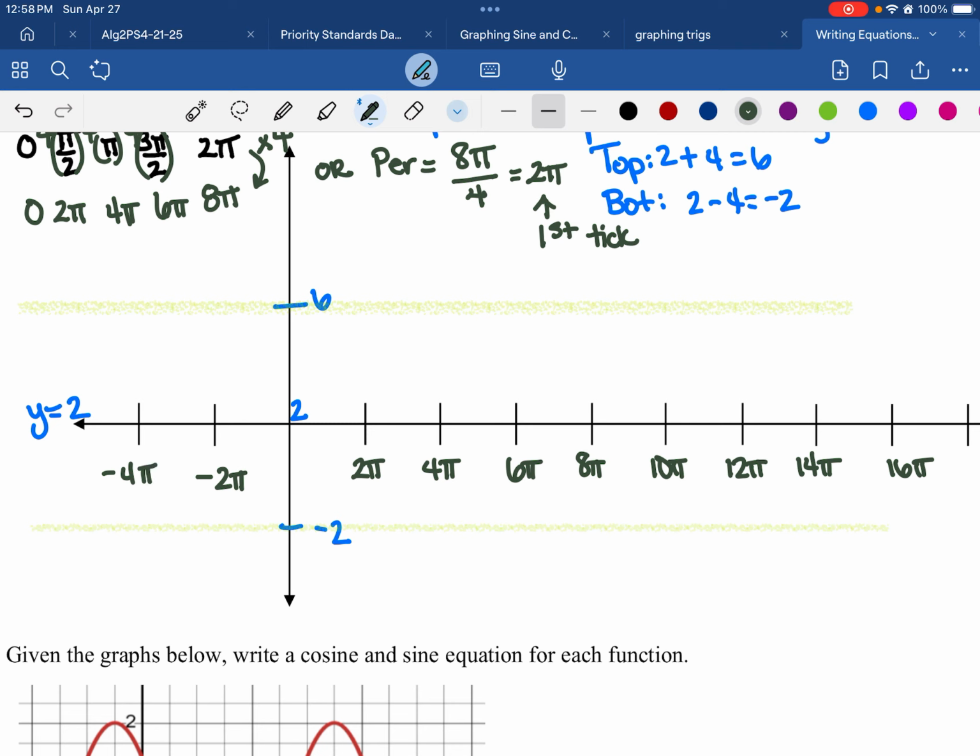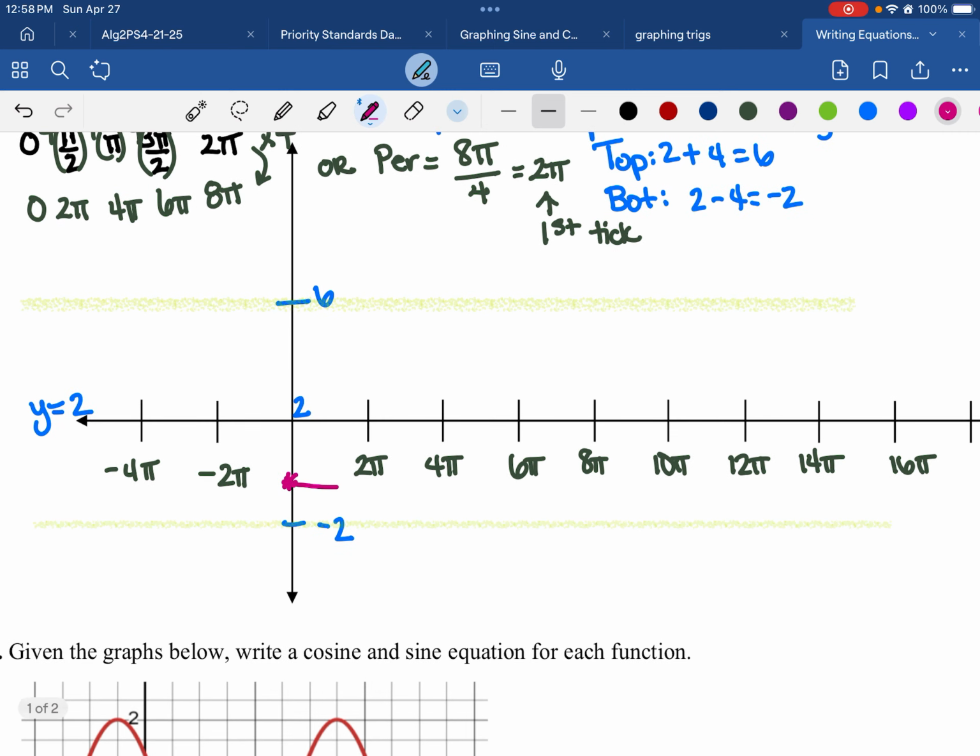So the last thing I need to do is know that I'm going to start at the top, but normally we start here on 0, and what we're going to do is shift to start right here. So my top is going to start here, and then I'm going to go middle, bottom, middle, top, middle, and then bottom, and that's where I would stop because that's the end of my interval.